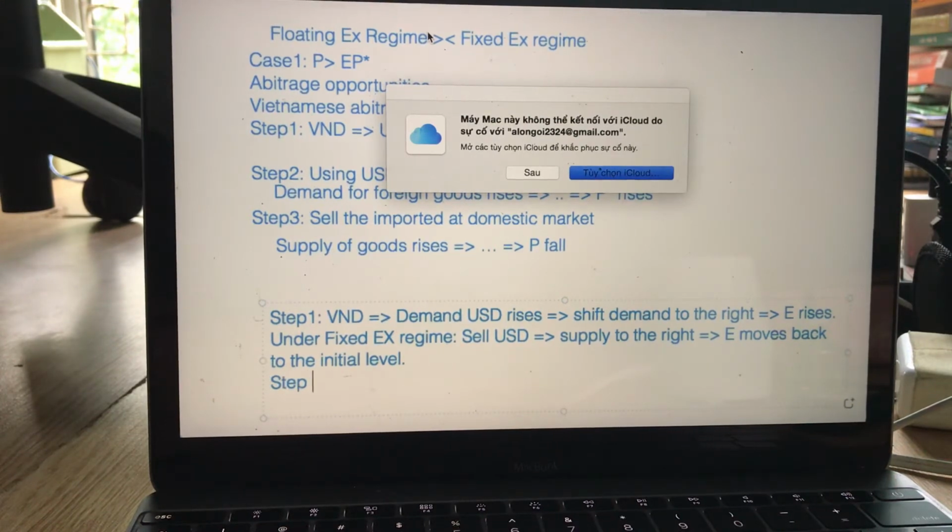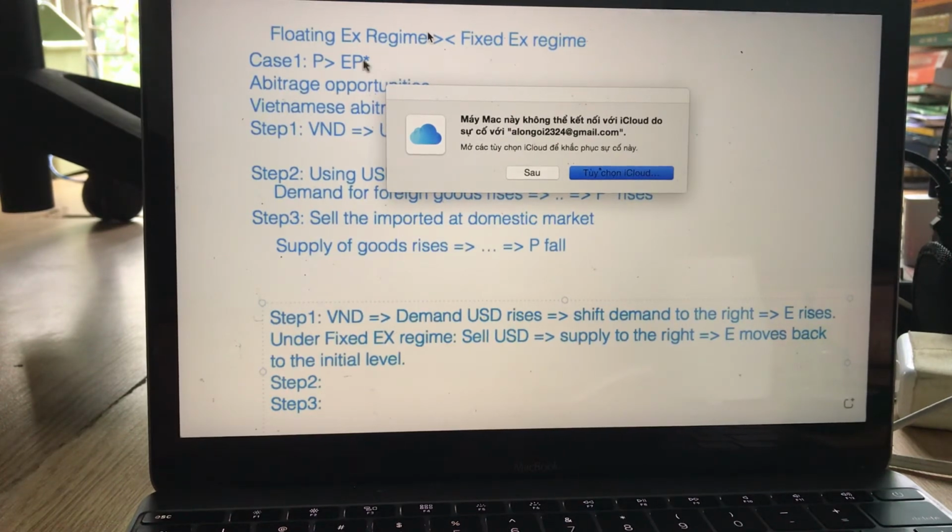And for step 2 and step 3, we do the same. Okay, it is similar to the floating exchange rate regime. And we can see that when the arbitrageurs make the transaction under the fixed exchange rate regime, only the price of the commodity changes, right?